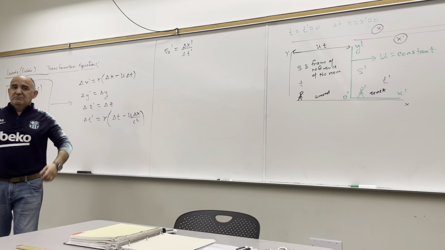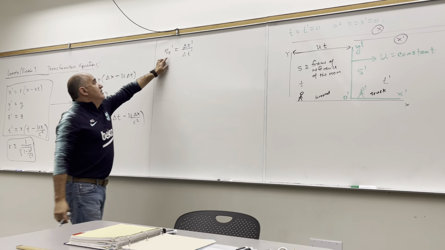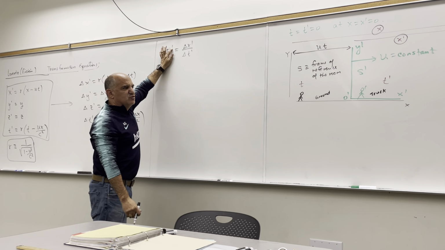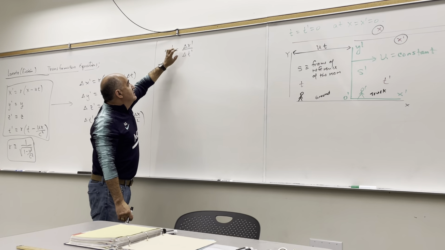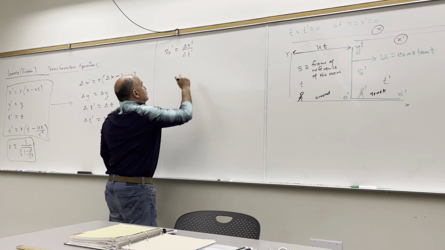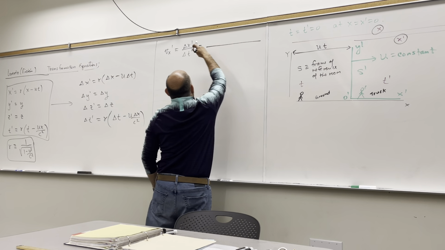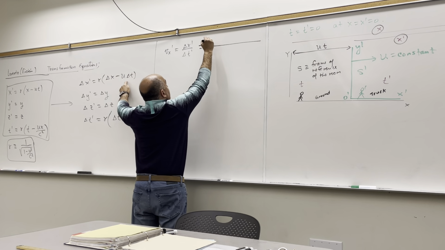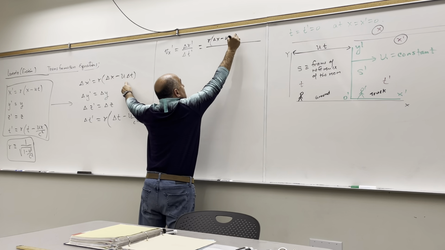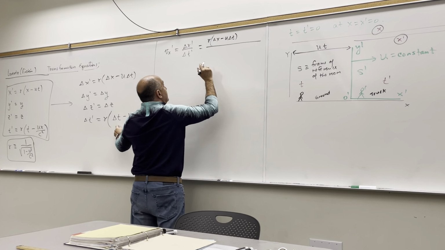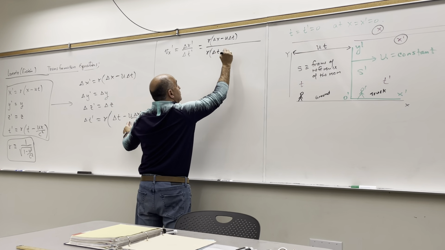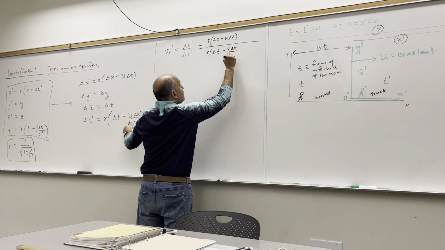The x component of the velocity of the object in the prime frame, let's say in the truck, is delta x prime over delta t prime, using those coordinates. So what would this be? Delta x prime is gamma times delta x minus u delta t, and delta t prime is gamma times delta t minus u delta x over c squared, right?